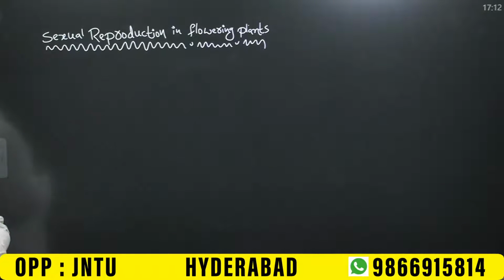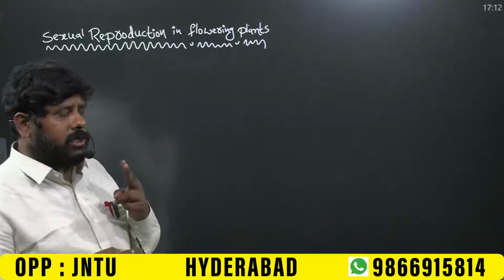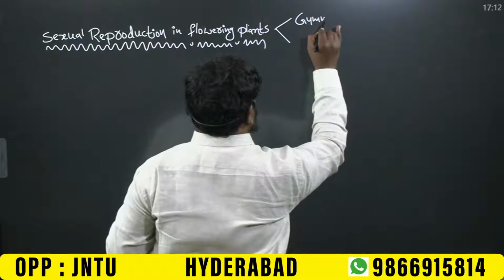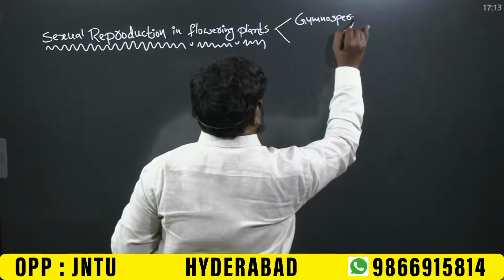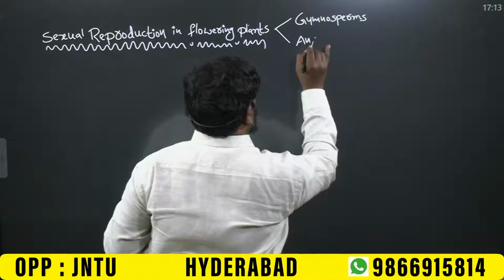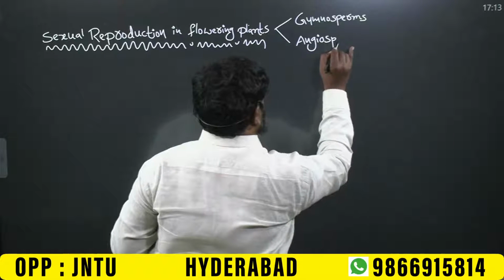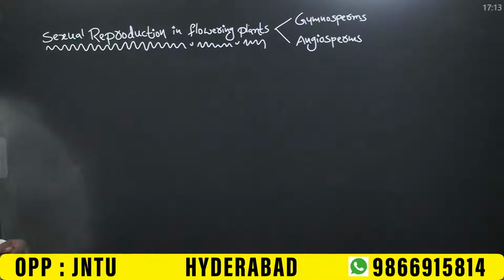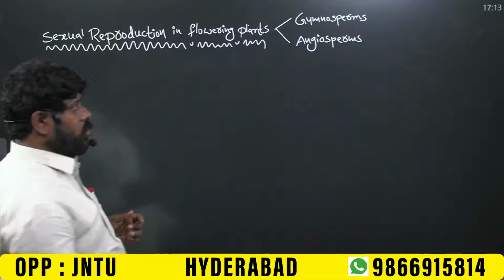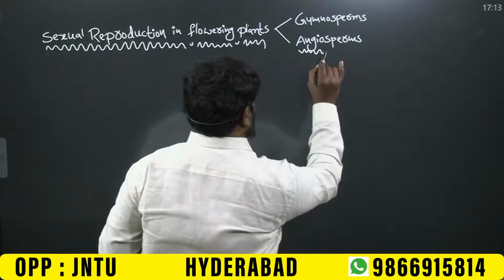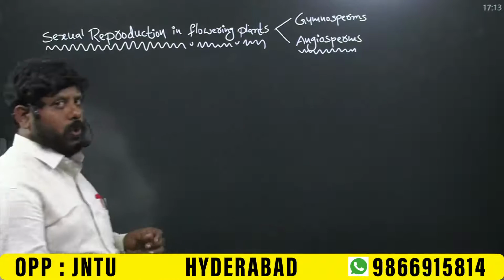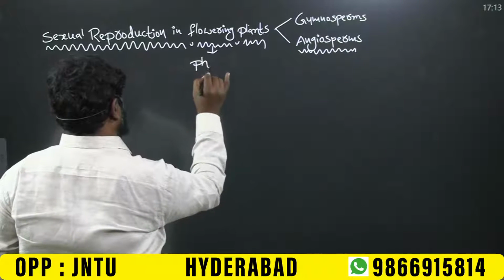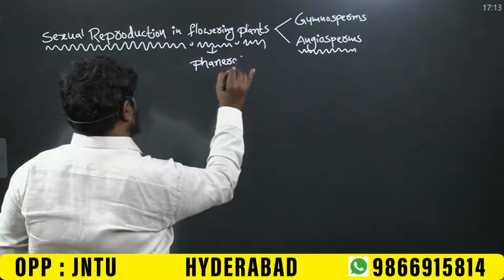Flowering plants are of 2 types, gymnosperms and angiosperms. Gymnosperms and angiosperms are both considered as flowering plants, but in this lesson we are explaining with angiosperms only. Flowering plants in Greek are also called phanerogams.